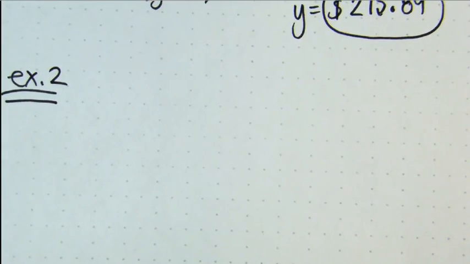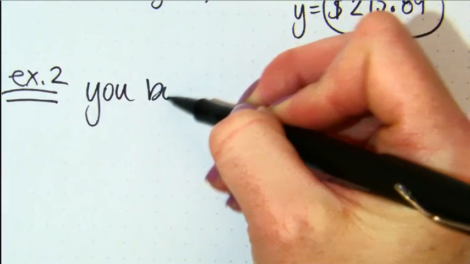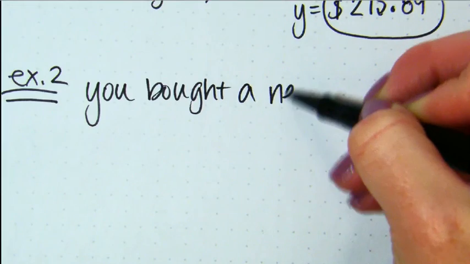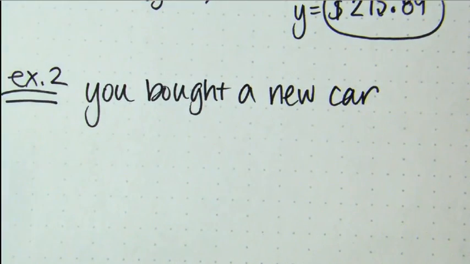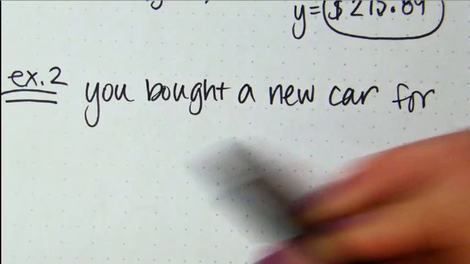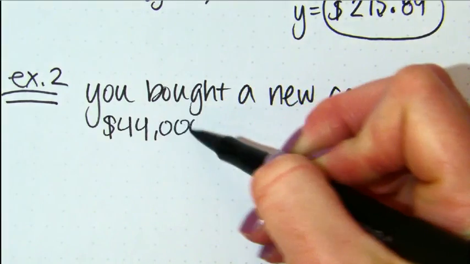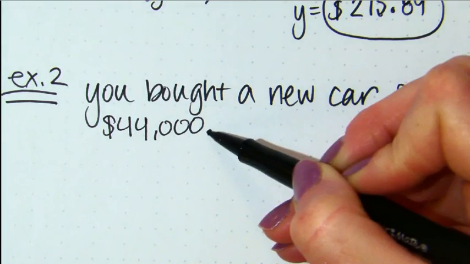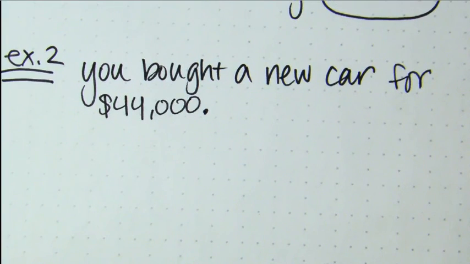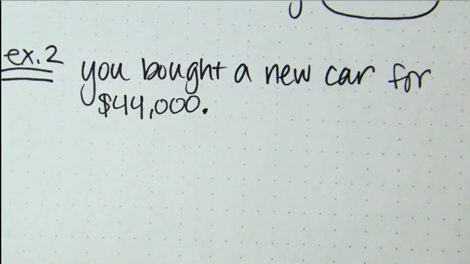Okay, so example 2. You bought a new car, definitely not with a savings account from number 1, for $44,000. That's probably an SUV, like a third row seat type car, a minivan, or a nice 4-door regular car.